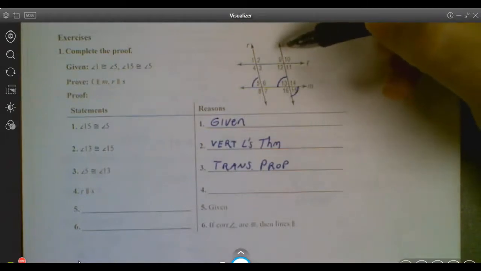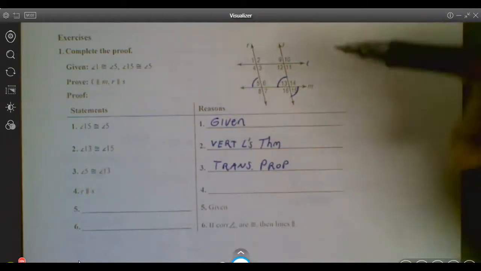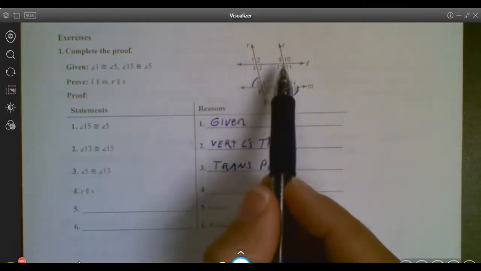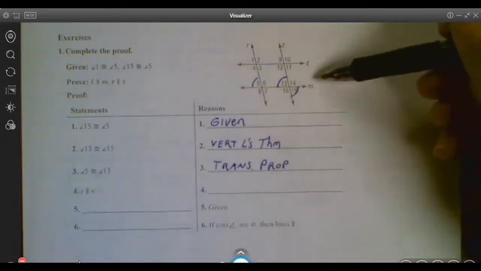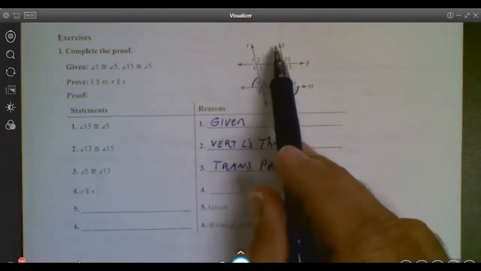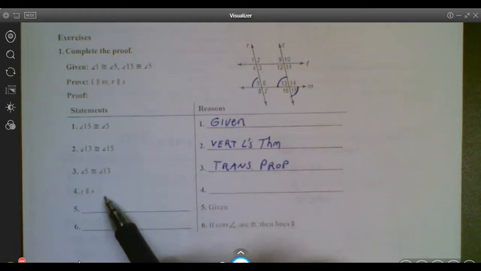And notice I'm using the two lines that they are connected to. Neither one are connected to line L, so he should not even be in the picture. So I know it's not giving me those two lines, right? It's got to be two lines that they're both connected to. And so in this case, R and S are parallel to each other.